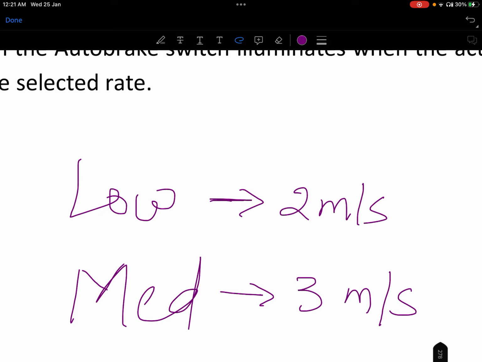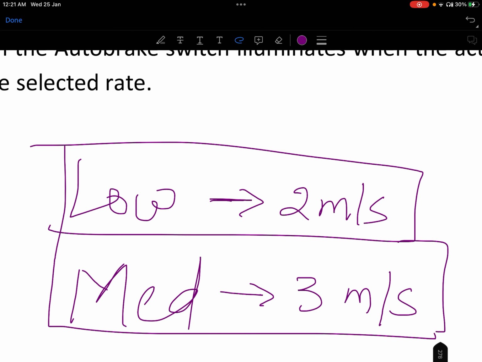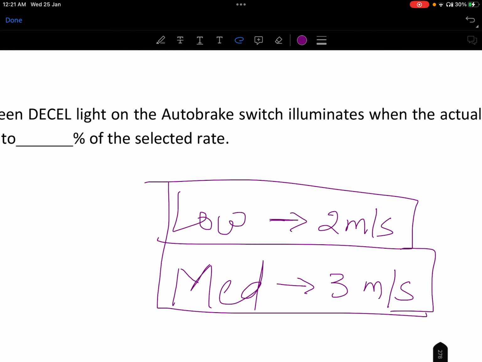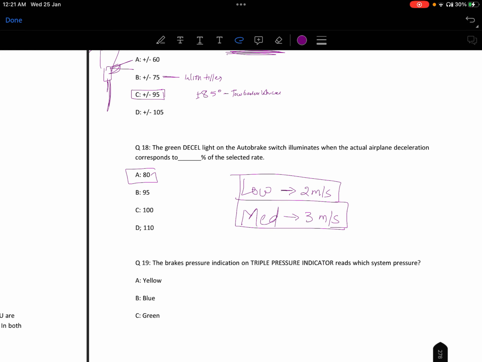This is the rate the aircraft achieves. So whenever the aircraft reaches 80% of the selected rate, this decel light comes. So option Alpha. The aircraft will tell you now I am decelerating. Are you getting it? Whenever it reaches 80%.